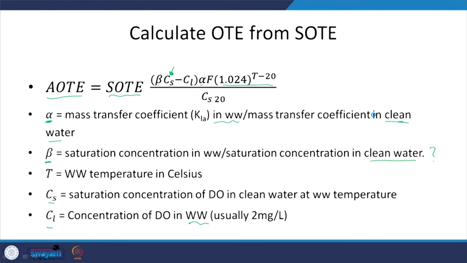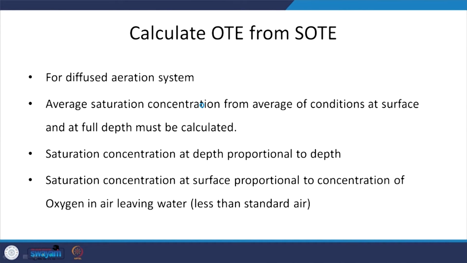This will vary, so that has to be calculated. We need to look at the full depth, with saturation concentration at depth proportional to the depth, and at the surface. These are aspects we have to look at, and it is proportional to the concentration of oxygen in the air leaving the water.